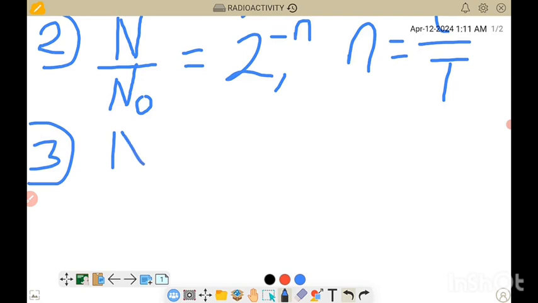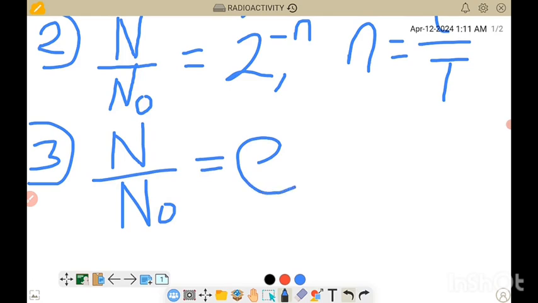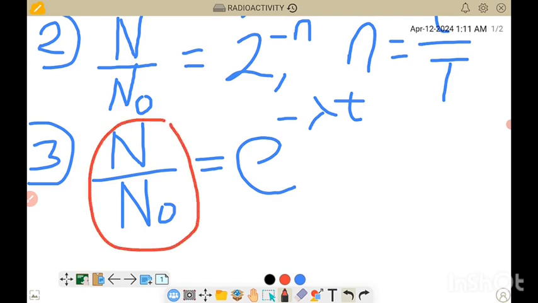We have that one as n over n naught equal to exponential minus lambda t. Lambda is decay constant, t is the time for decay, while n over n naught is the fraction remaining after decay has occurred.